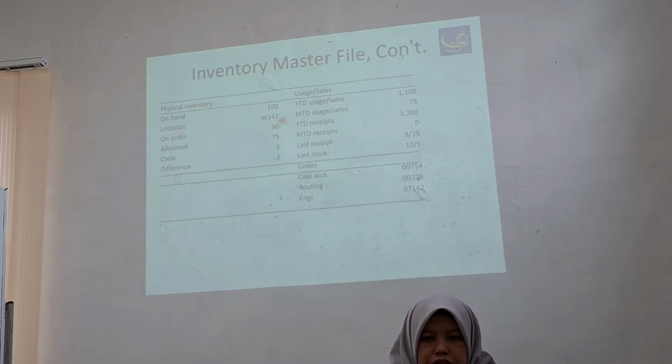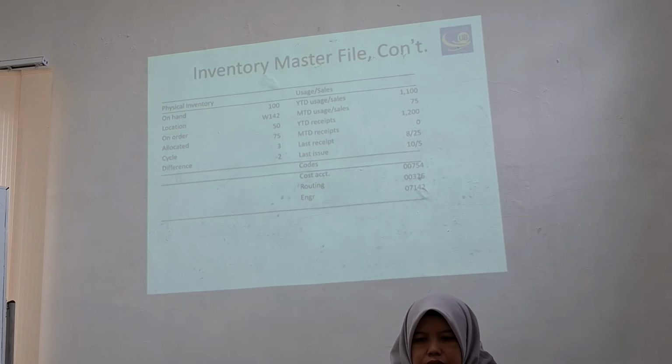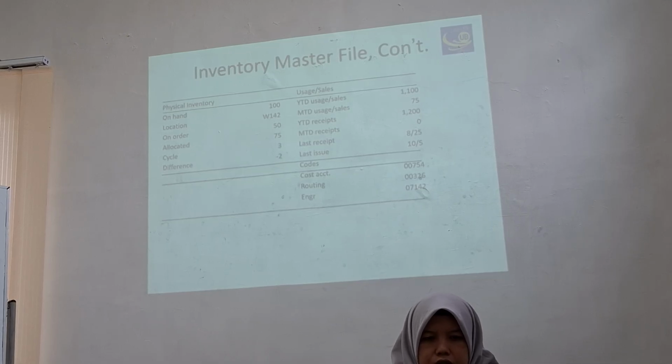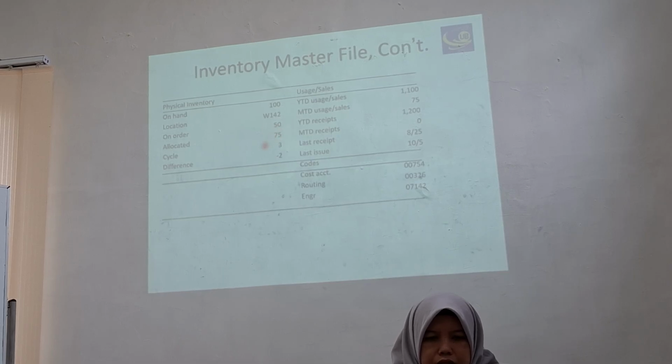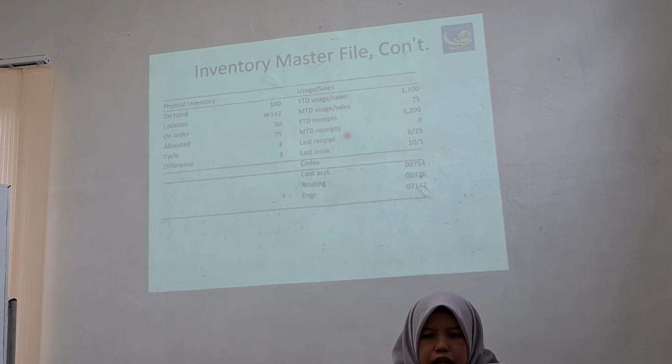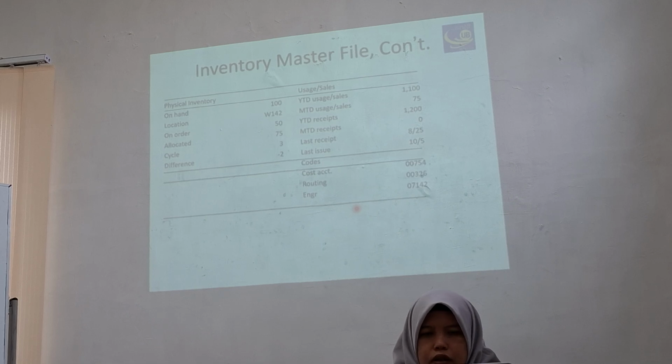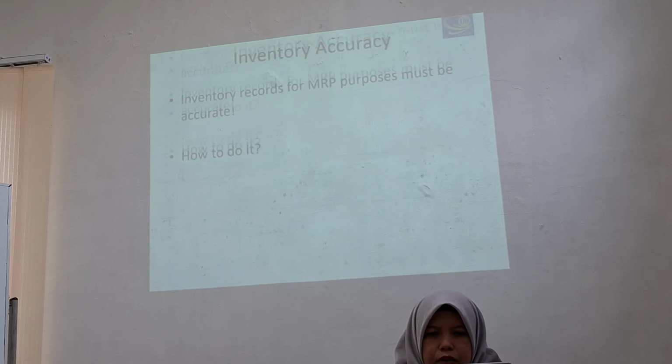Location, it is maybe on the shelf. Allocated, on order, still on order. 5 units allocated, 75, cycle 3, difference, etc. This is about the inventory master file to input for material requirement planning.